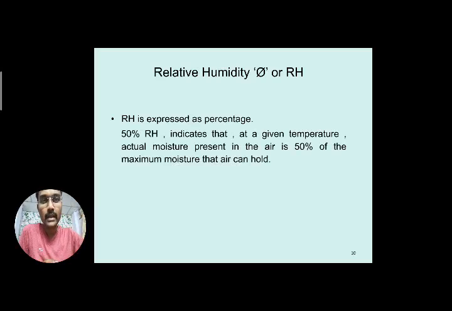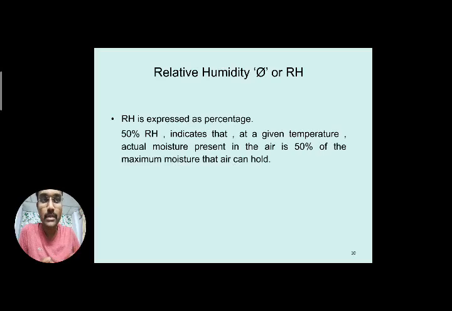Now for example, here we are taking 50% RH, which means at a given temperature the actual moisture present in the air is 50% of the maximum moisture that air can hold. For example, if the maximum moisture in that air at the same temperature is 80%, that is the maximum.